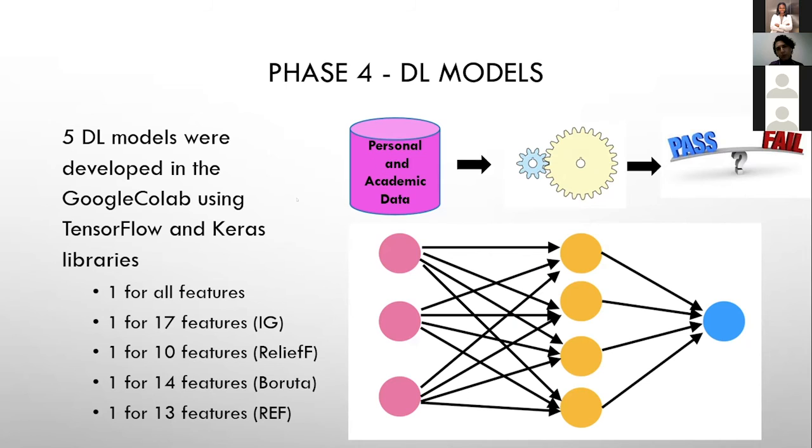We present personal and academic data to a neural network to see if the student will pass or fail. In the first layer, we made some changes because sometimes we use 33, sometimes we use 17, the same amount each algorithm chose.